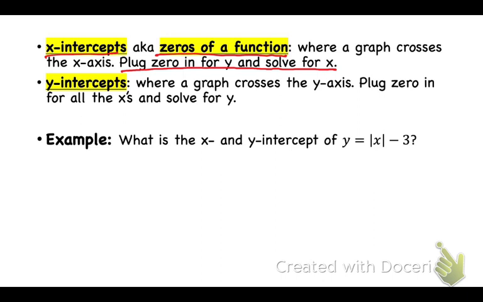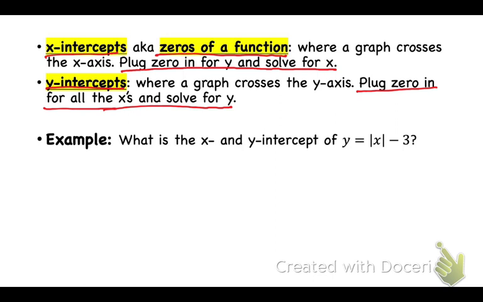So a y-intercept, we do not call them anything other than y-intercepts, okay? That is where the graph crosses or meets what axis? The y-axis. And you find them by plugging 0 in for all the x's and solving for y.